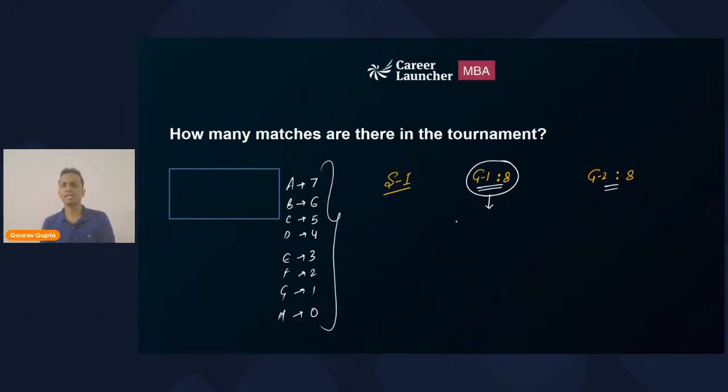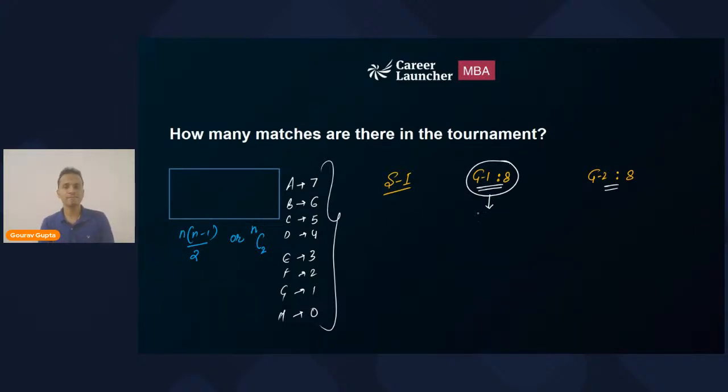Another way is if there are n number of teams, then the number of round robin matches will be n into n minus 1 upon 2, or you can say nC2 in terms of combination. So n into n minus 1 upon 2 or nC2 will be the total number of matches.